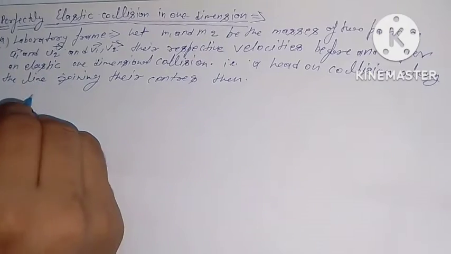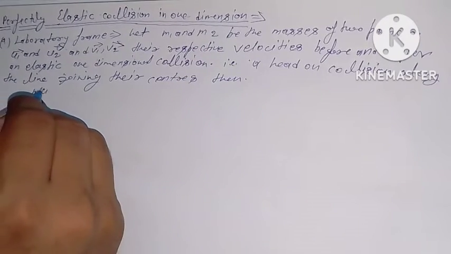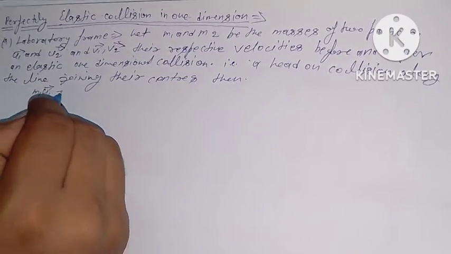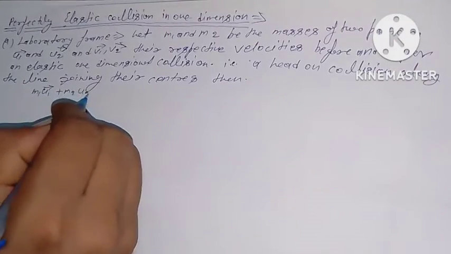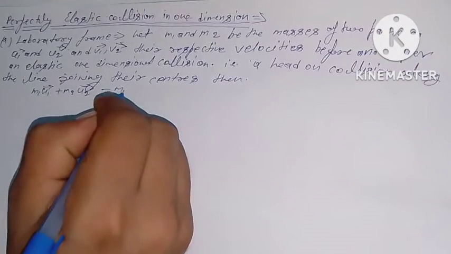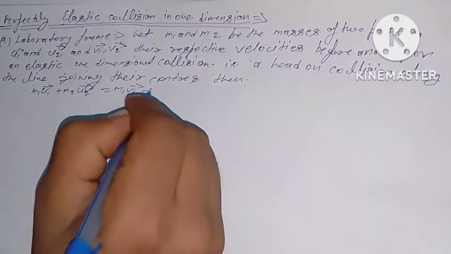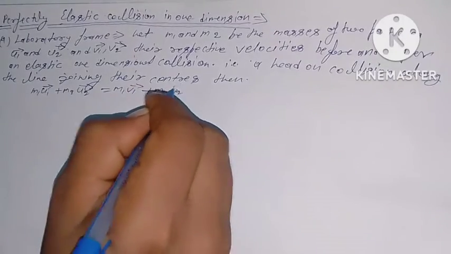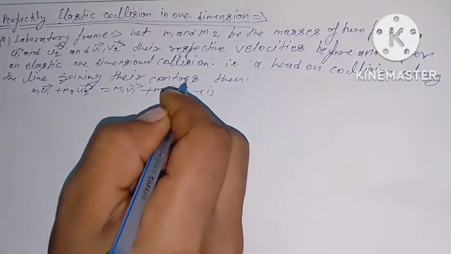Then m1 u1 vector plus m2 u2 vector equals m1 v1 vector plus m2 v2 vector. This is equation number 1.